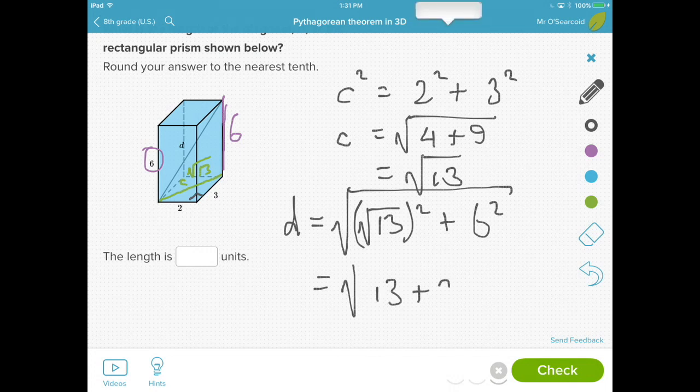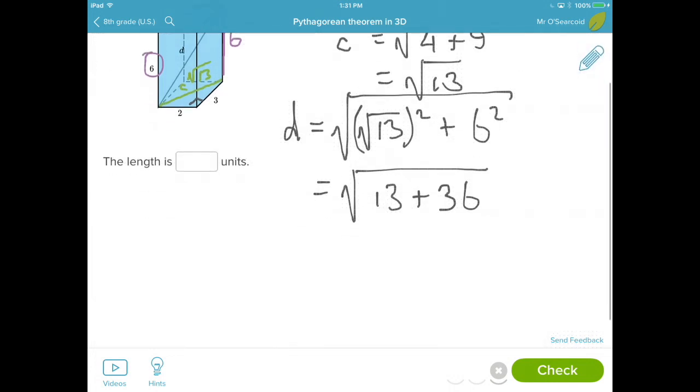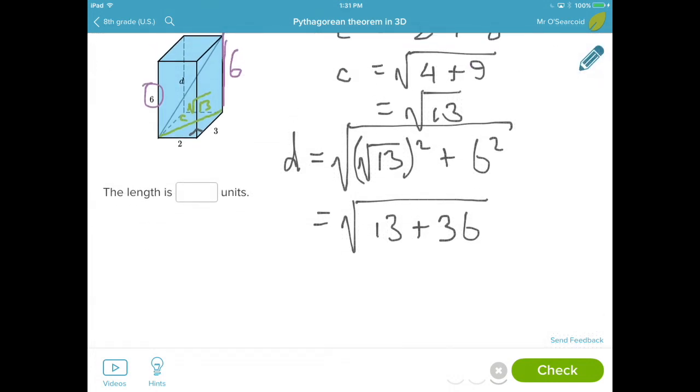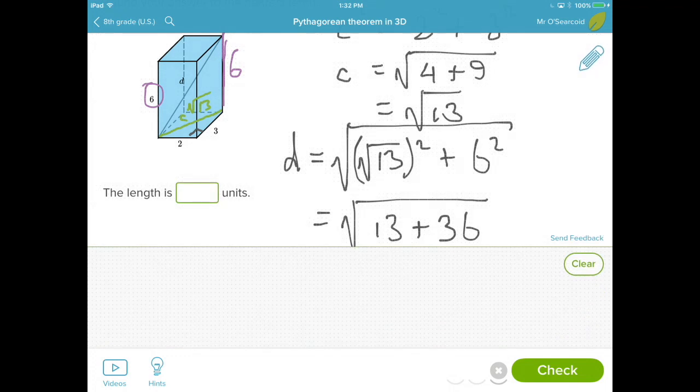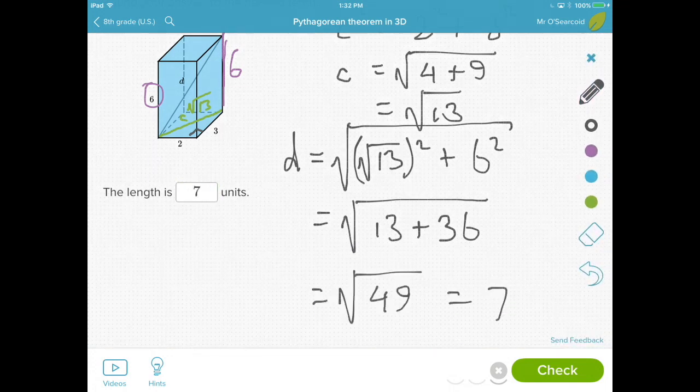The radical cancels out the square, so D is equal to the square root of 13 plus 36. 6 squared is 36, and 13 plus 36 is 49. And 49 is a nice rational square root. We like working with that. The square root of 49 is simply 7. I'm going to leave that for now. There's a few more problems on there that you should definitely try.